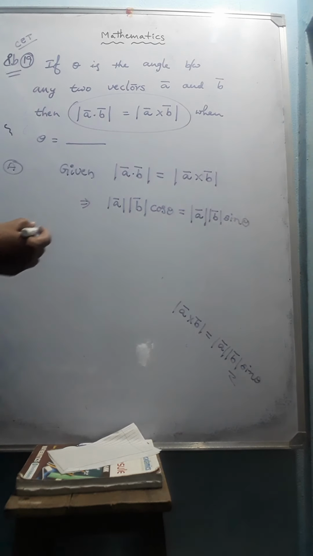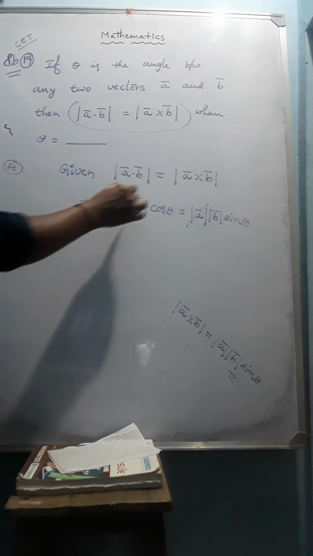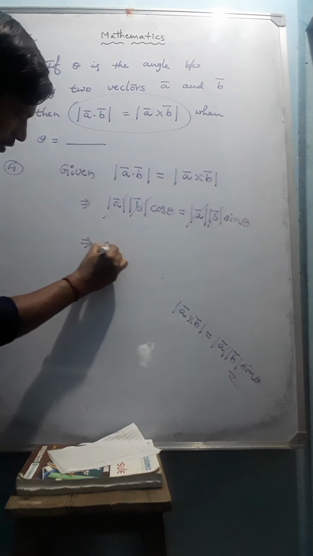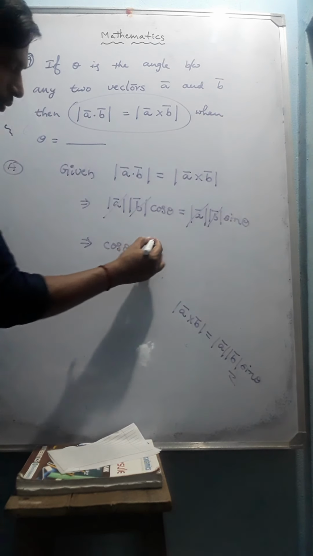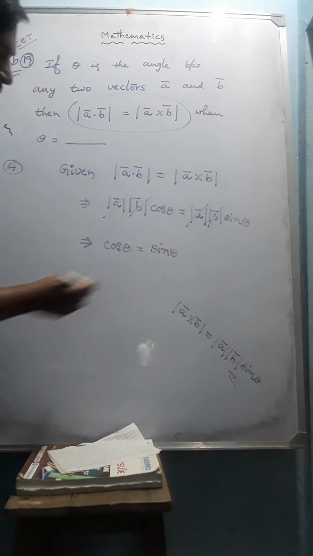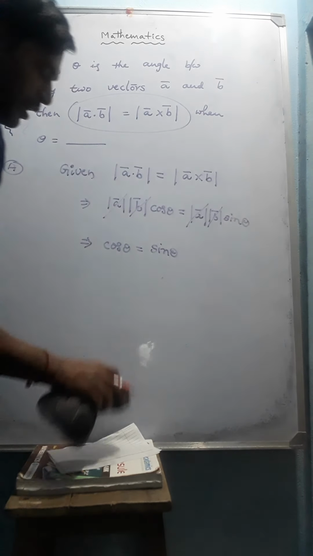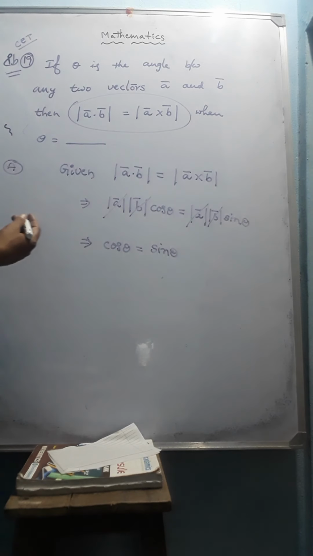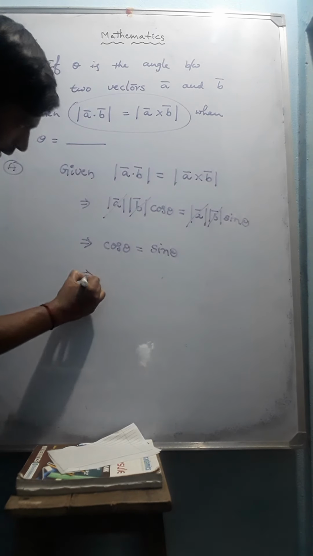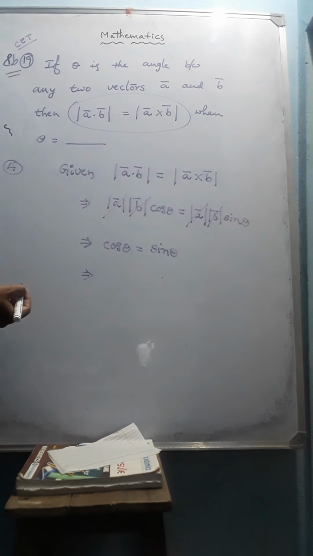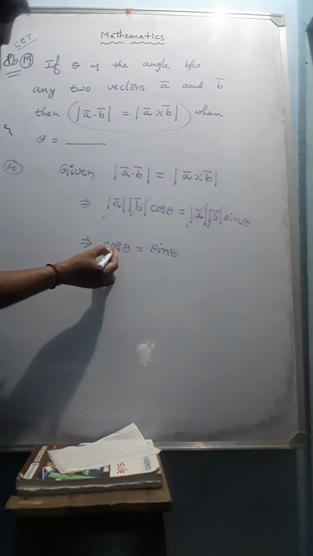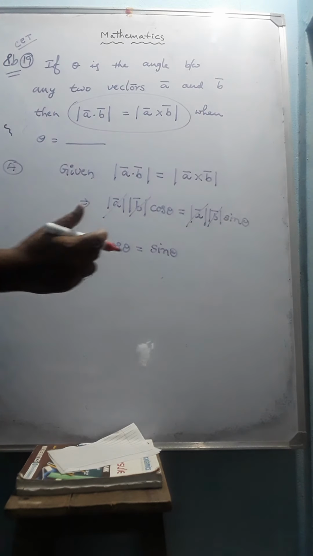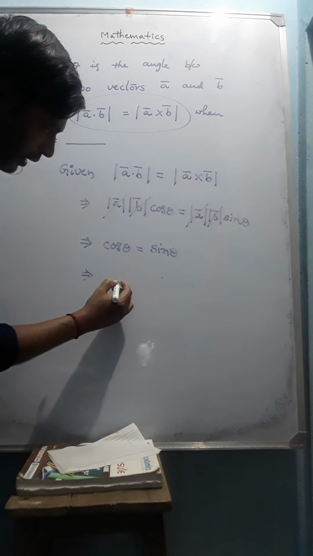If you cancel modulus a and modulus b on both sides, that implies cos theta is equal to sin theta. Next step, if you transfer sin theta to the left hand side, it will be cos theta by sin theta, which is cot theta. Otherwise, if you transfer cos theta to the right hand side, it will be sin theta by cos theta, that value is tan theta.